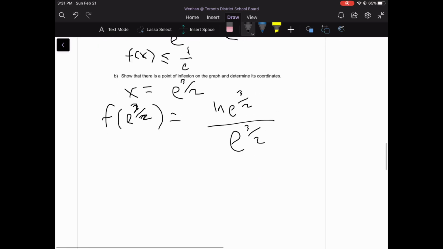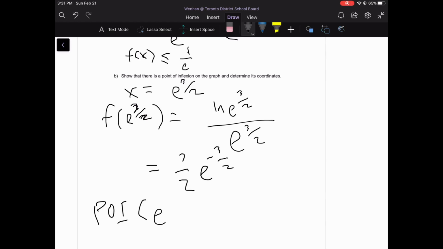And this is equal to 3 over 2 e to the negative 3 over 2. So let's rewrite the coordinate. Alright, this is the point of inflection.